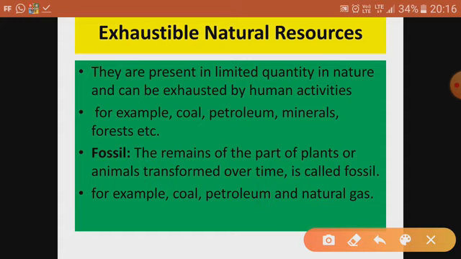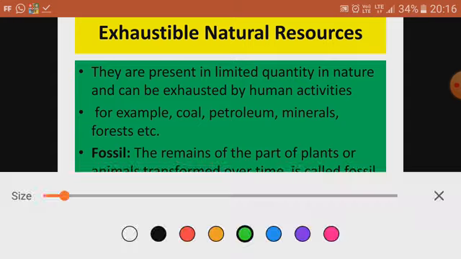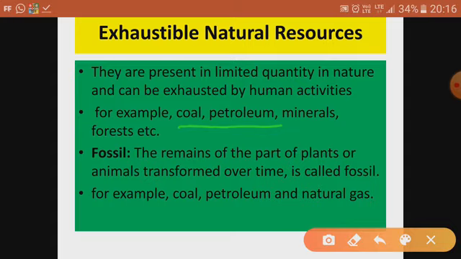Now see what are the examples of exhaustible natural resources. The examples are coal, petroleum, minerals like gold, silver, etc., then forest. Now the next question arises, because we know that coal and petroleum are fossil fuels. Coal, petroleum and natural gas are the fossil fuels. Now what are fossils? The dead remains of parts of plants or animals which are transformed over time into a fuel are known as fossils.